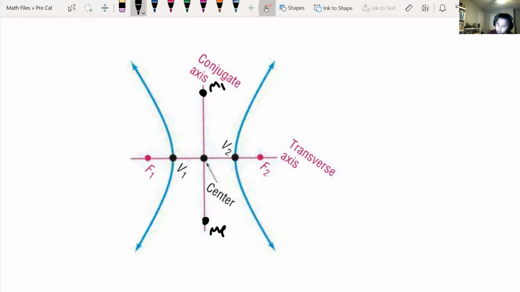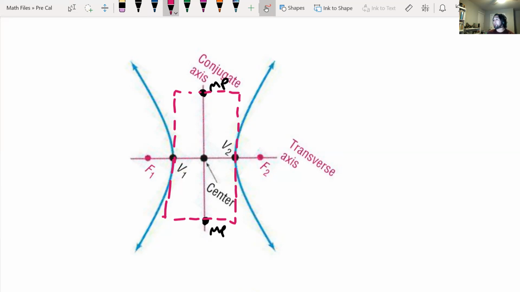Another cool thing that's not shown is called the fundamental rectangle. If you connect your minor points to your vertices, you will always create a rectangle. And another thing not shown is that these hyperbolas have asymptotes.